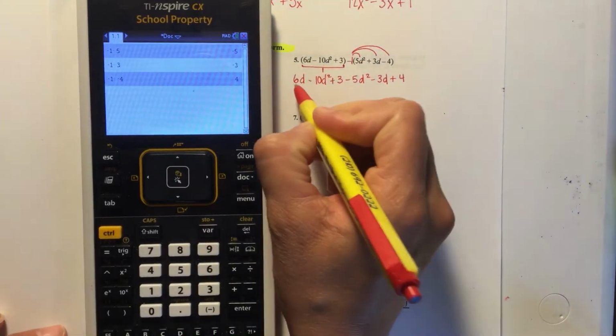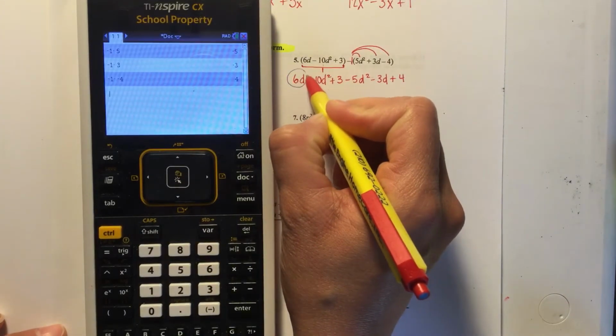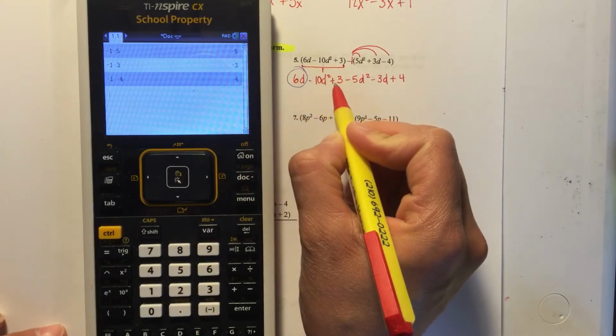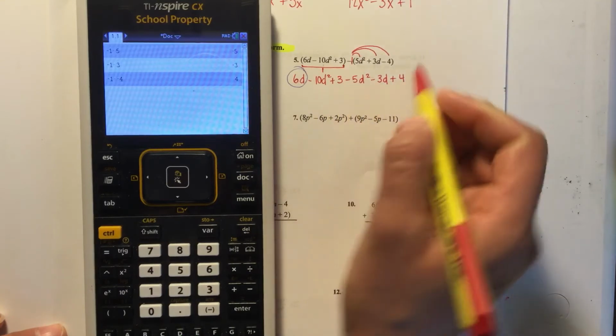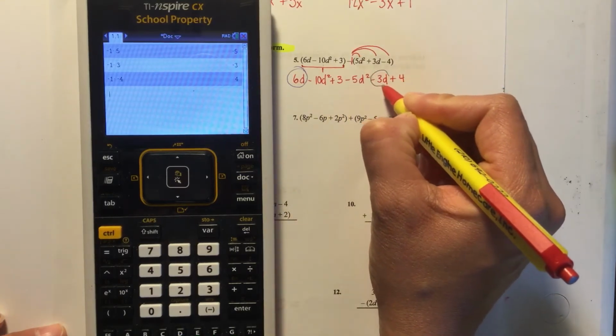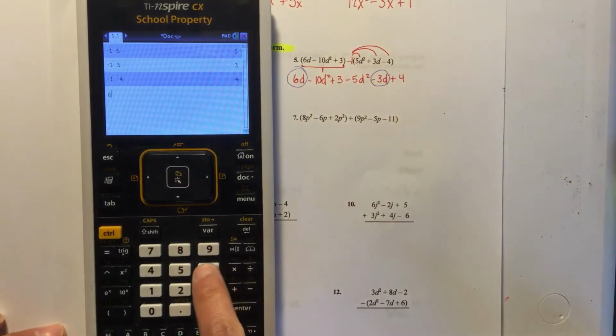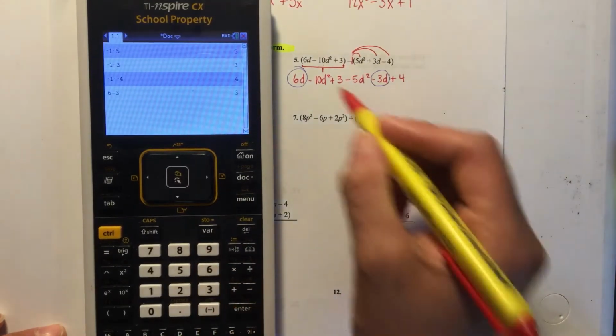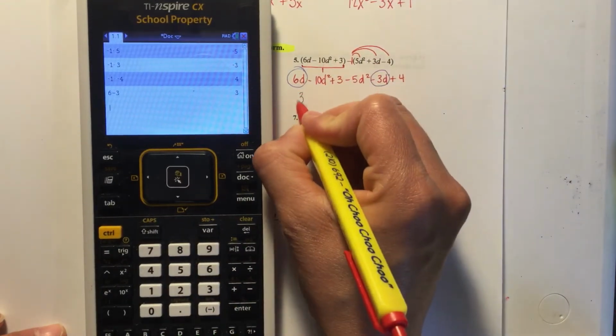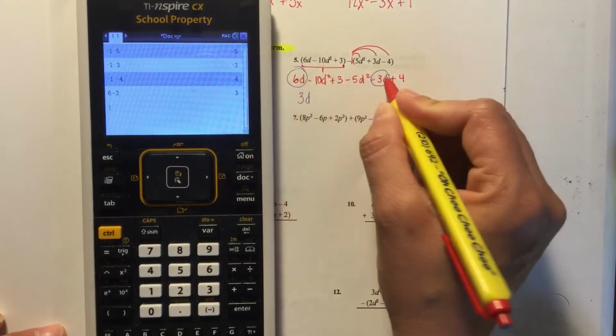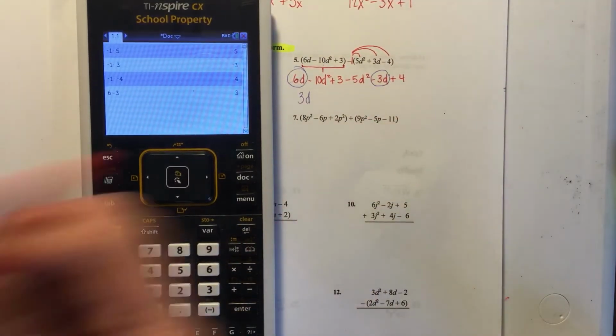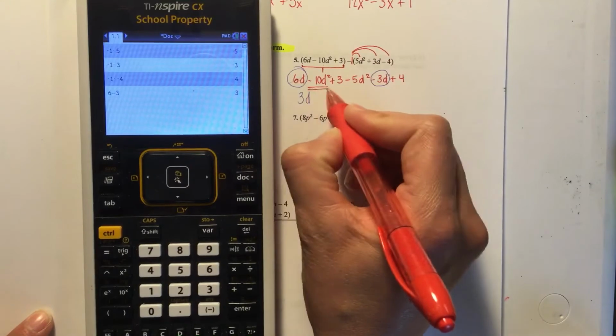So first combine your like terms with 6d. Find the next one that has a d with it. Here you have minus 3d. So you're taking 6 minus 3. 6 minus 3 is 3d. So those are done. Next, you're going to combine anything with d squared.